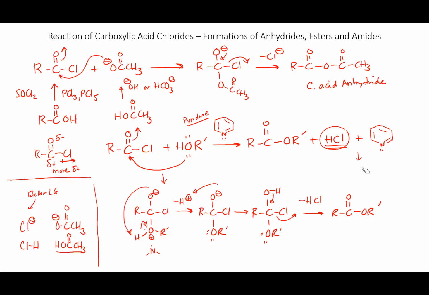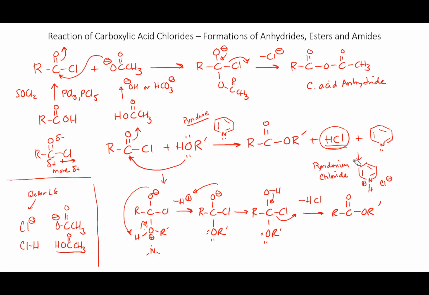What you end up doing is protonating the nitrogen so that it has a positive charge. And then the chloride is the counterion for that. So you end up forming a pyridinium ion, and this would be a pyridinium chloride, would be what you would call this.